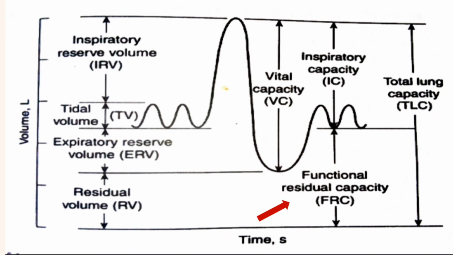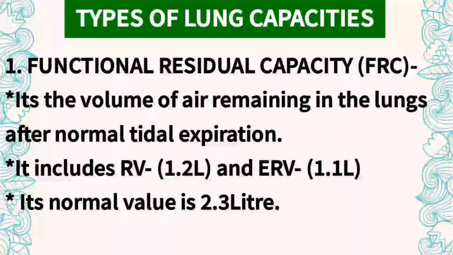That is, after you've expired normally, breathing in and breathing out normally, the volume of air that is remaining in the lungs is called the functional residual capacity. And it includes the residual volume and the expiratory reserve volume.